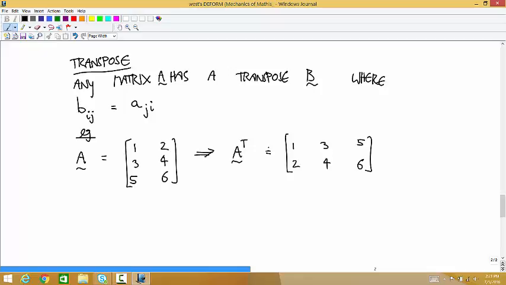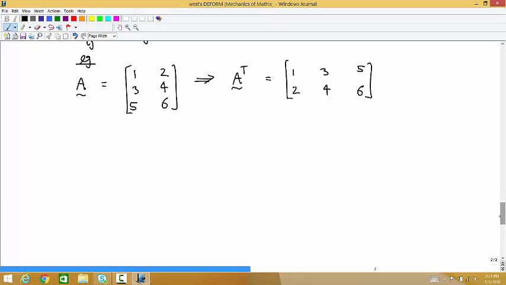It's built into TI calculators. So the way you would do this is define a matrix, however you do it on your calculator.